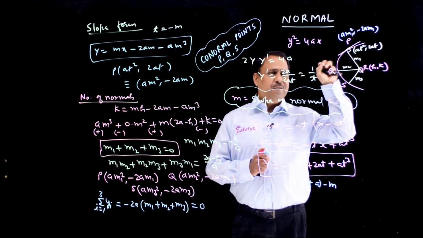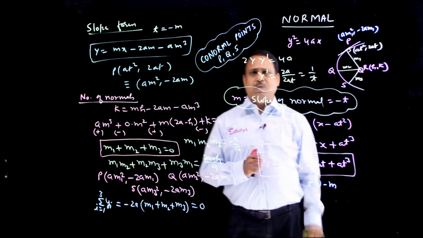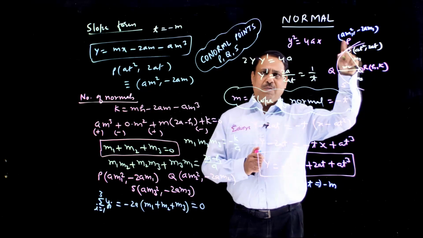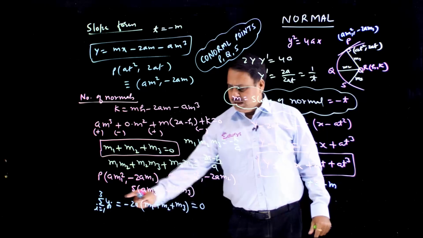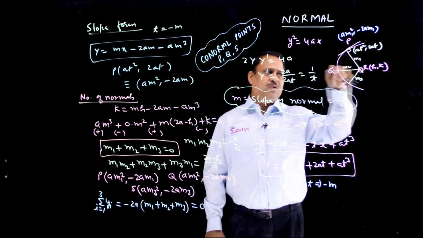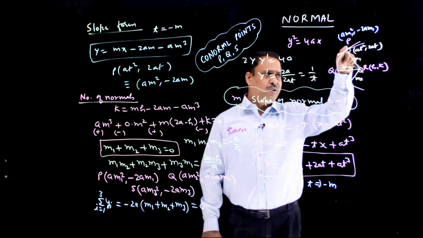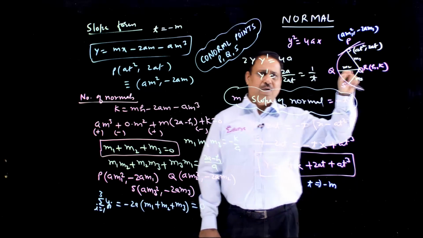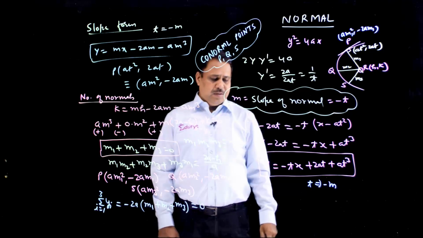Or where will this centroid of triangle PQS lie? So you can see the y coordinate of the centroid is (y1 plus y2 plus y3) upon 3. So this y coordinate is always 0. That means it will always lie on the axis of the parabola.